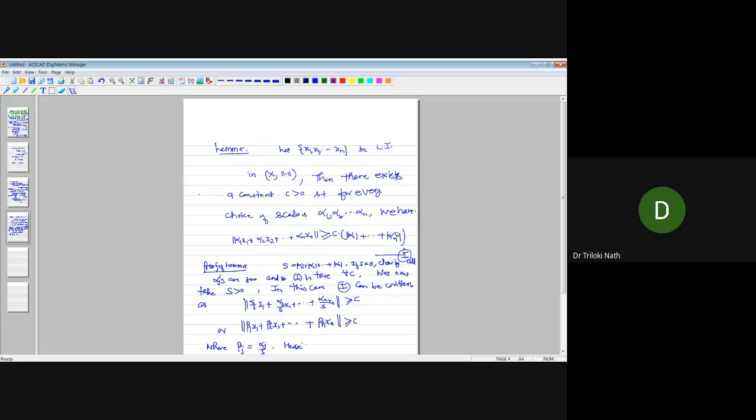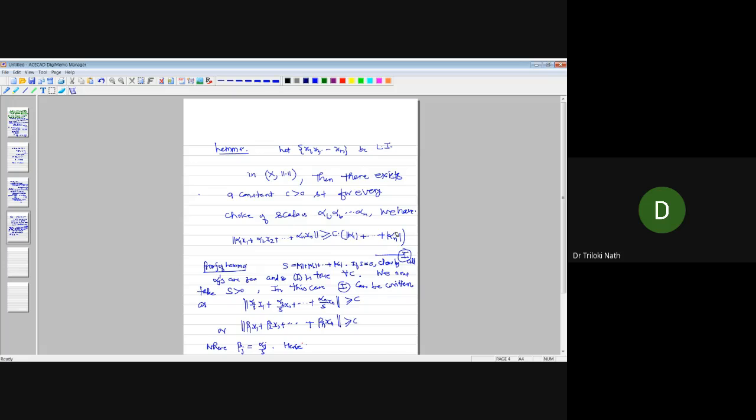If one of the scalars is non-zero, then the sum S is not 0, and in this case we can write the above as alpha 1 by S, alpha 2 by S, in a simpler way. That is, the norm of beta 1 x1 plus beta 2 x2 plus ... plus beta n xn must be bigger than or equal to C. C is a constant that depends on x1, x2, ..., xn and does not depend on beta 1, beta 2, ..., beta n, where beta j is this one.